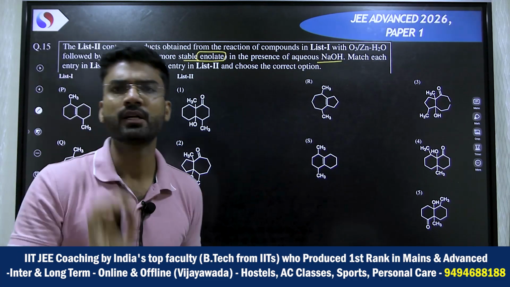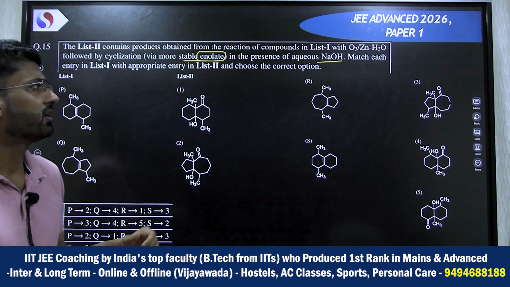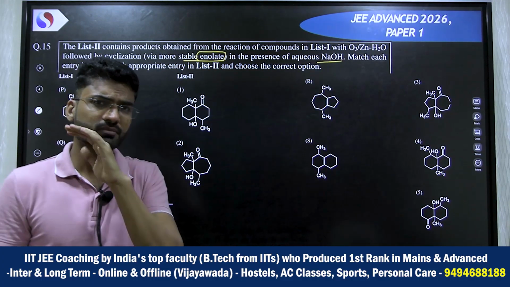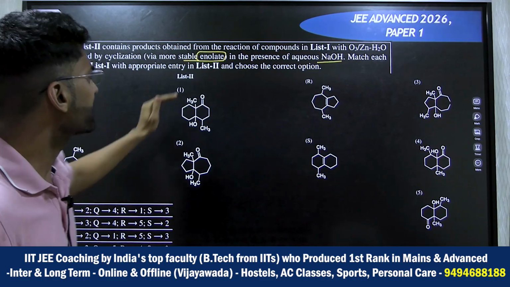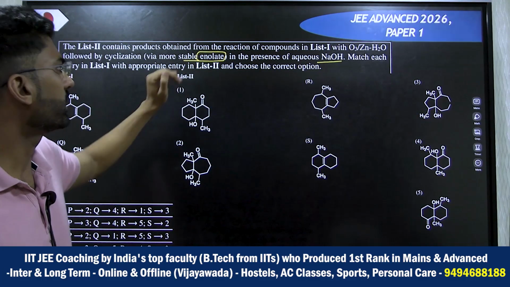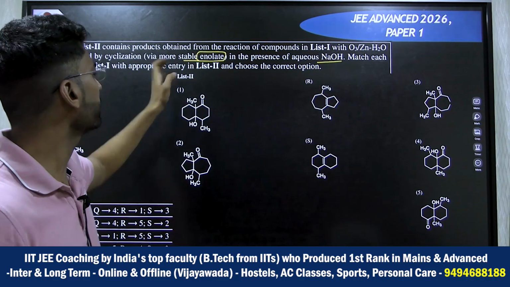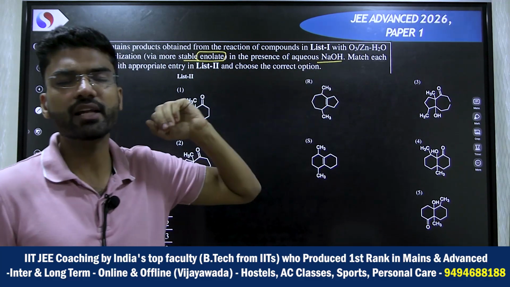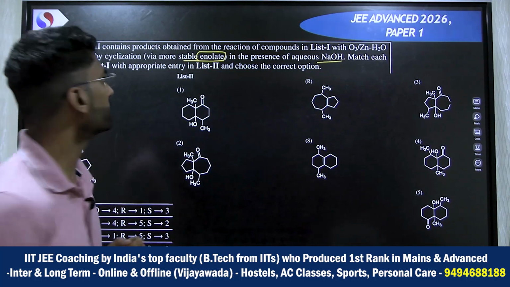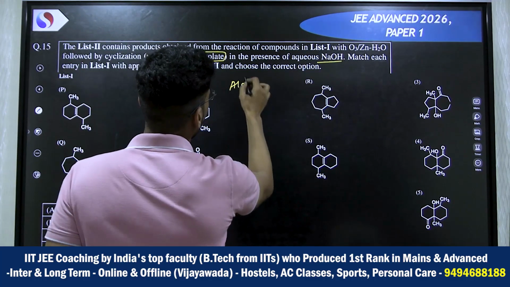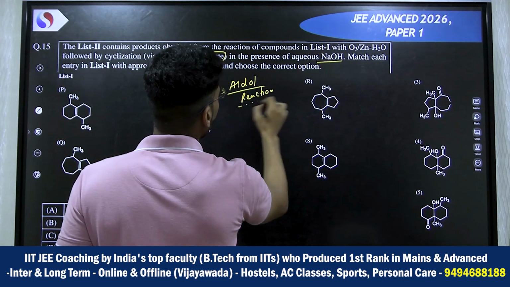If you have a basic understanding of organic chemistry, you can solve this question in 30 seconds, because I know that it is an enolate. When you have an enolate and you are adding NaOH, what reaction is it? It is aldol. It is an aldol reaction, not an aldol condensation. It is only an aldol reaction.